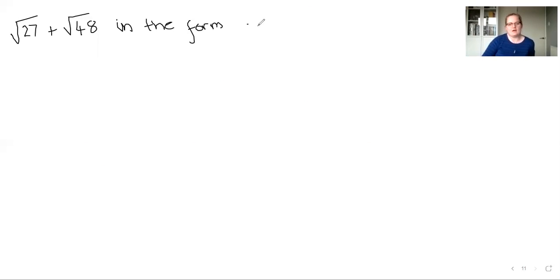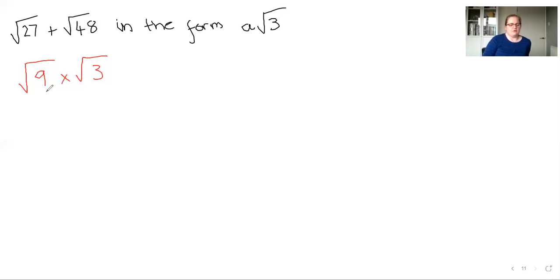We do exactly the same as we did the first time. Deal with root 27 first. We know that 9 goes into 27, so we're going to have root 9. 9 goes into 27 3 times, so we're going to have root 9 multiplied by root 3.